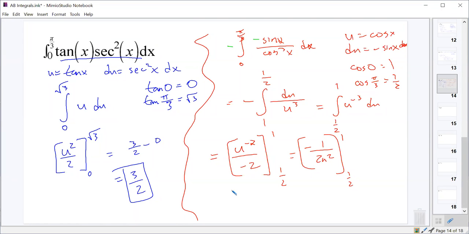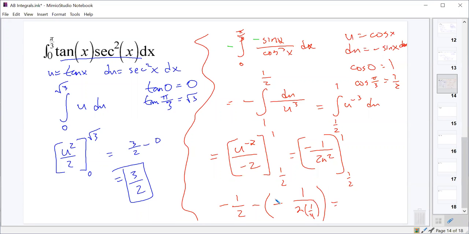What would that give us? -1/2 minus -1/2 times 1/2 squared, which would be 1/4.